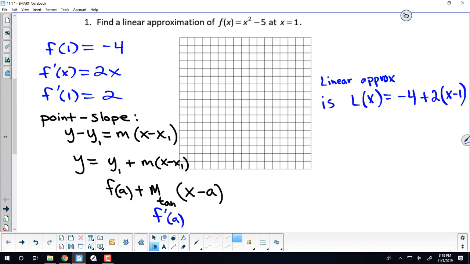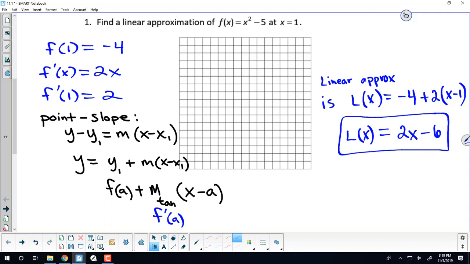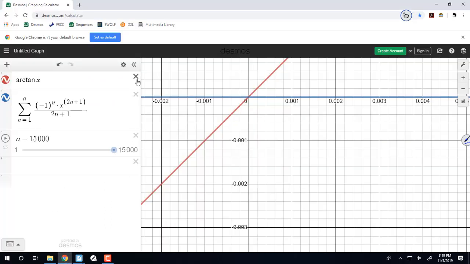Slope intercept, right? So what do we have? 2x minus 2, minus 4. That's our linear approximation. In other words, that's the equation of the tangent line on x squared minus 5 at x equals 1. So just put that here.